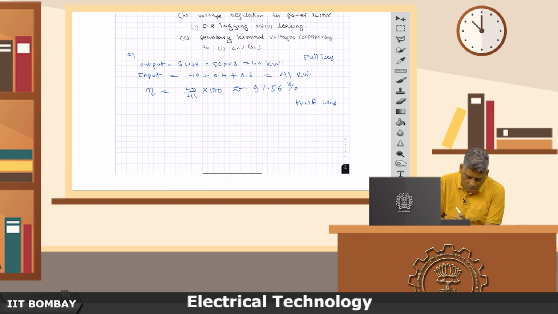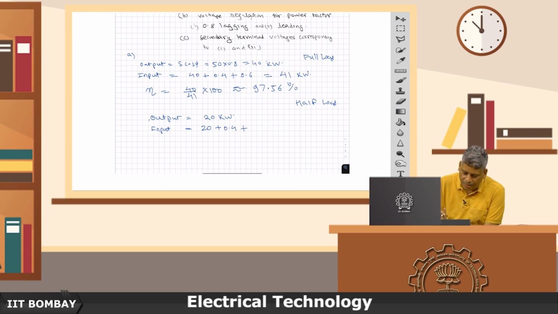So, output will now become 20 kilowatts, power factor remaining the same, this becoming 25, this remaining 0.8, this will become 20 kilowatts. Now, no change happens to the iron losses.